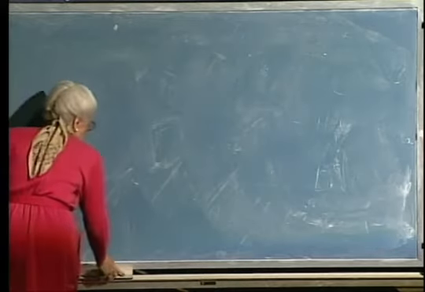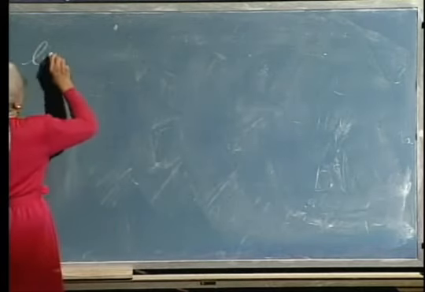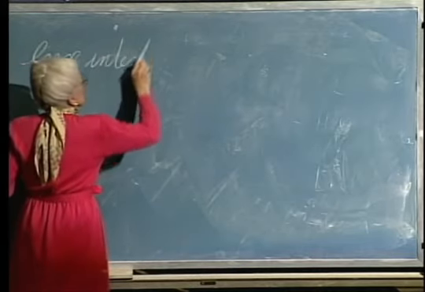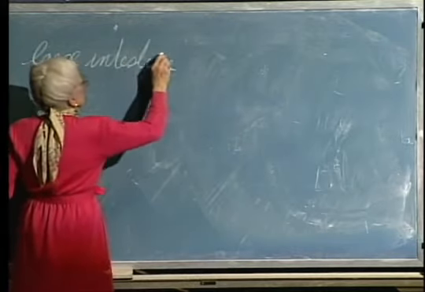Why is it called large intestine? You've just seen we don't have room for another intestine as long as our small intestine. It's large in contrast to small in diameter. Larger than small intestine in diameter.